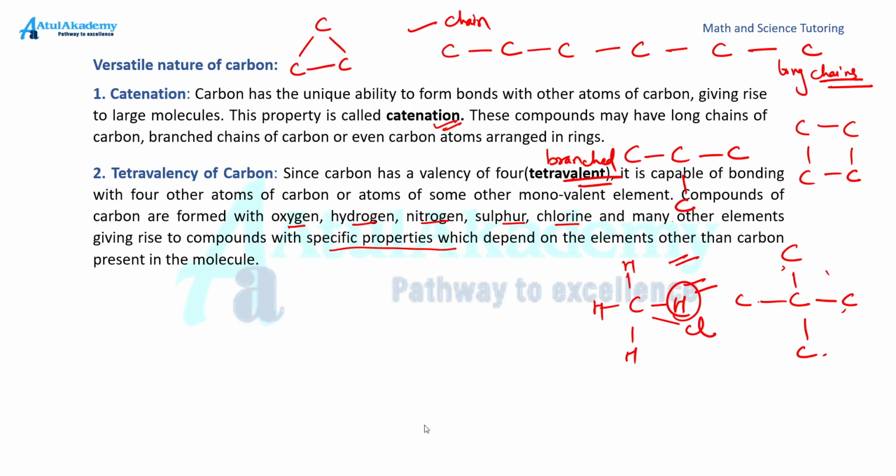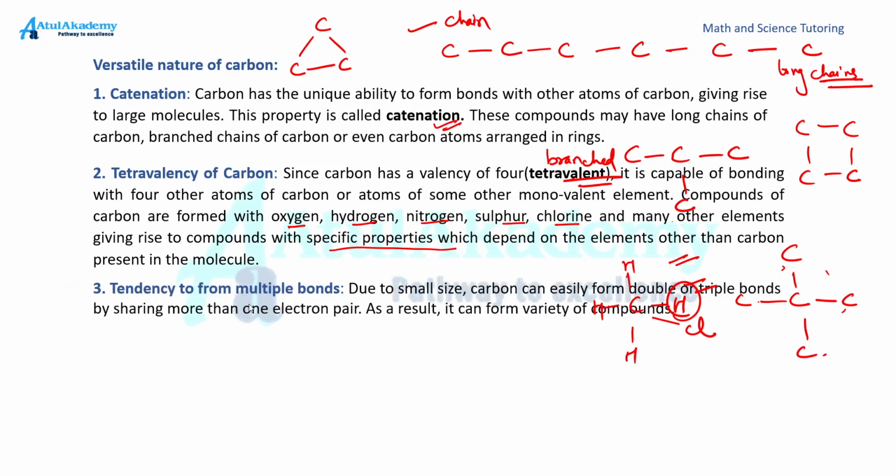The next property of carbon is the tendency to make multiple bonds. What are these bonds? We have 3 types of bond: single bond, double bond, triple bond, that we will learn about in the next video. Carbon can make a single bond with carbon, a double bond with carbon, and a triple bond with carbon.